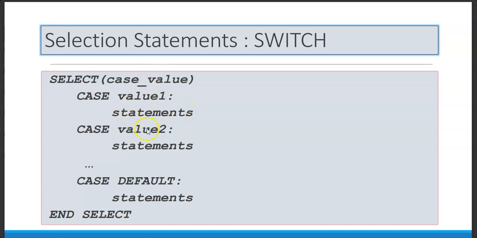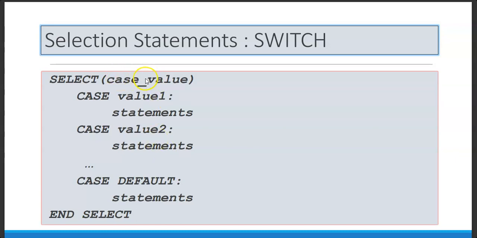If it matches this, for example, maybe the value that we gave it is 1, and here the value is 0, then it will not match that, but it will match where there's 1. Suppose the value is 1, then it will match 1, and the statements under that case will be executed.